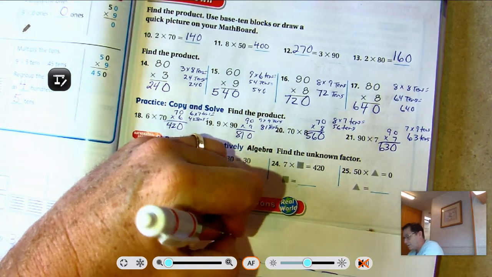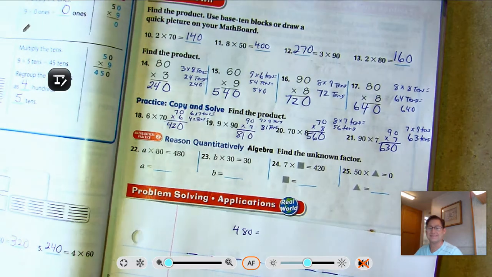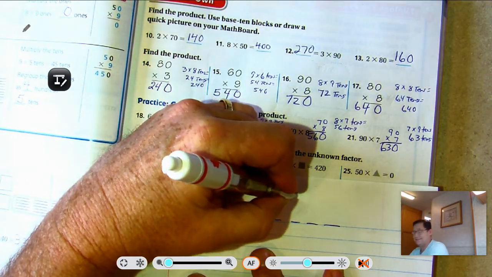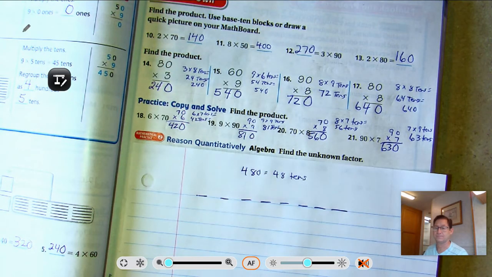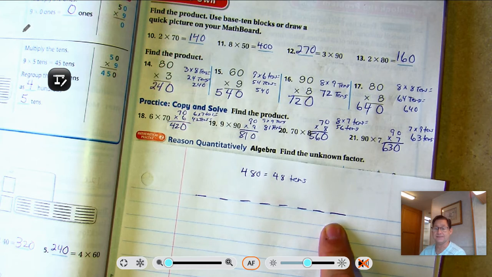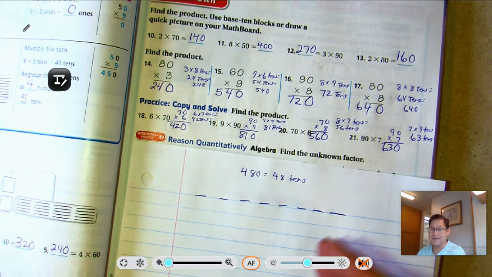Okay, 480 is the same as saying 48 tens. So I need to have 48 tens.